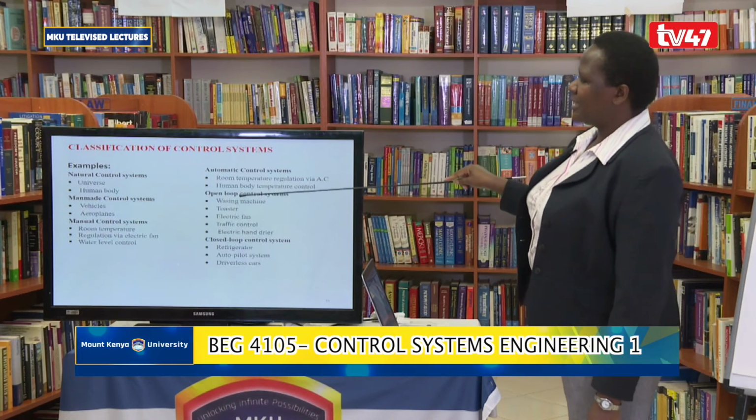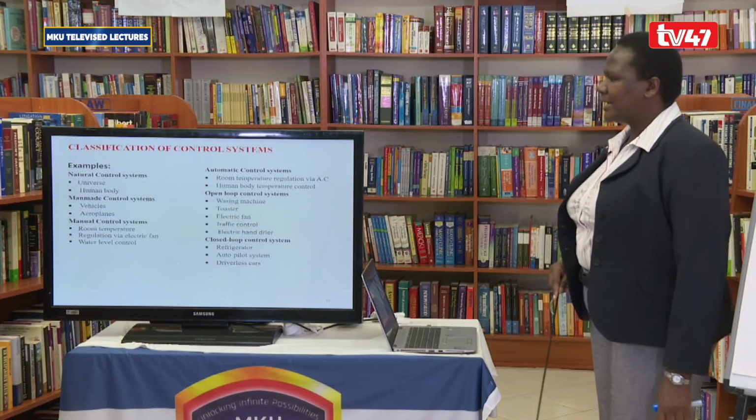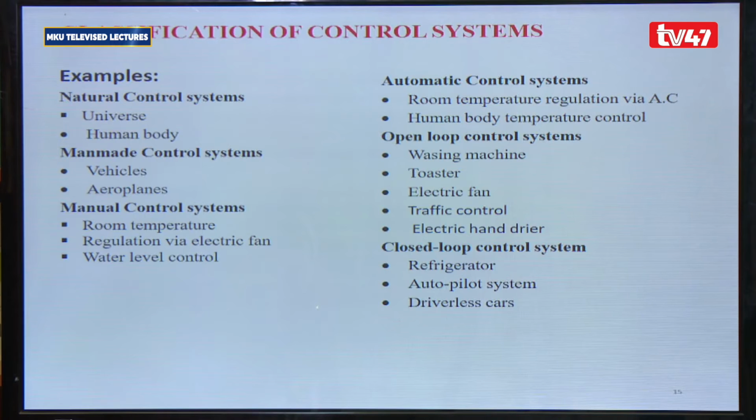Then we have open loop control systems like washing machines, toaster, electric fan, traffic control, and electric hand dryer. Now the open loop control systems are almost the same or closer to manual control systems, and the closed loop control systems are almost closer to automatic control systems. So here we have the refrigerator, autopilot system, and driverless cars.